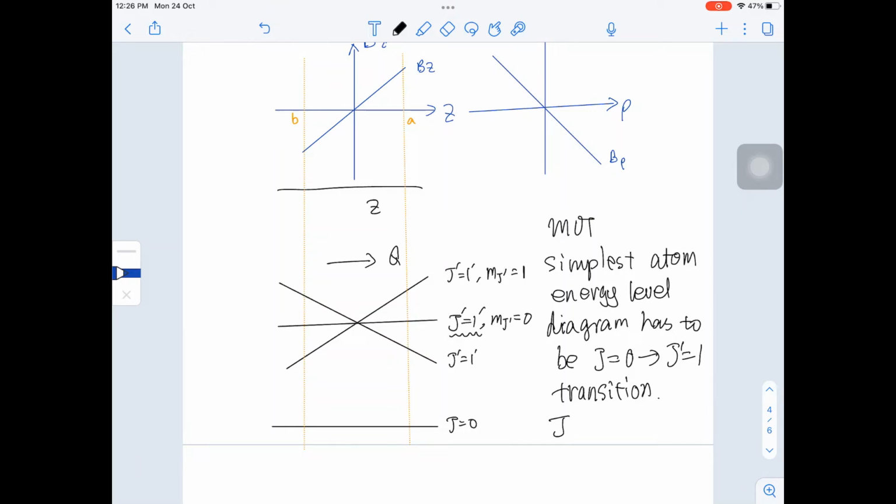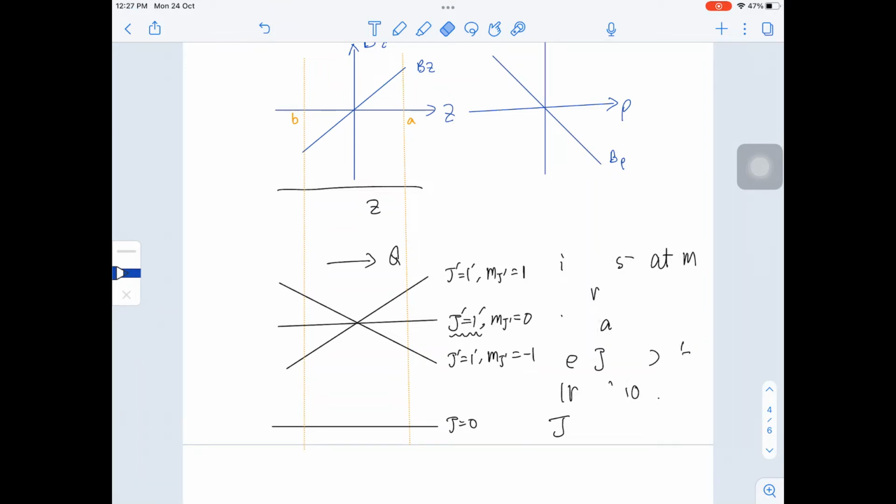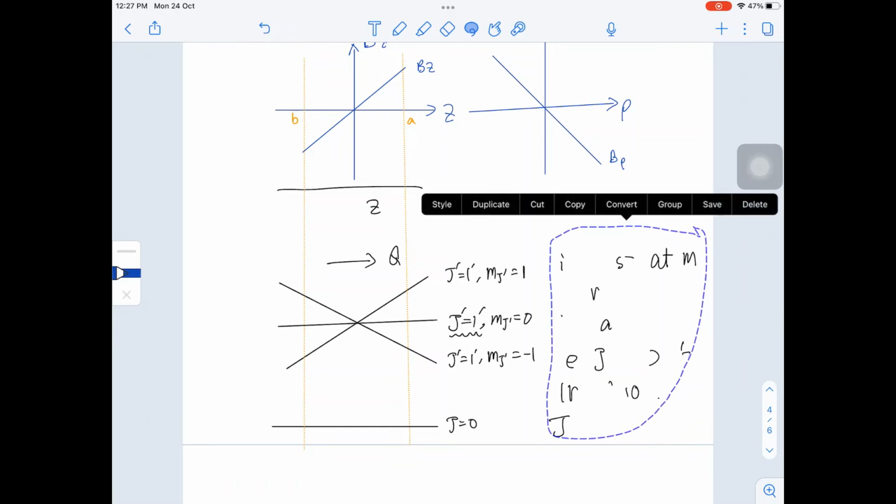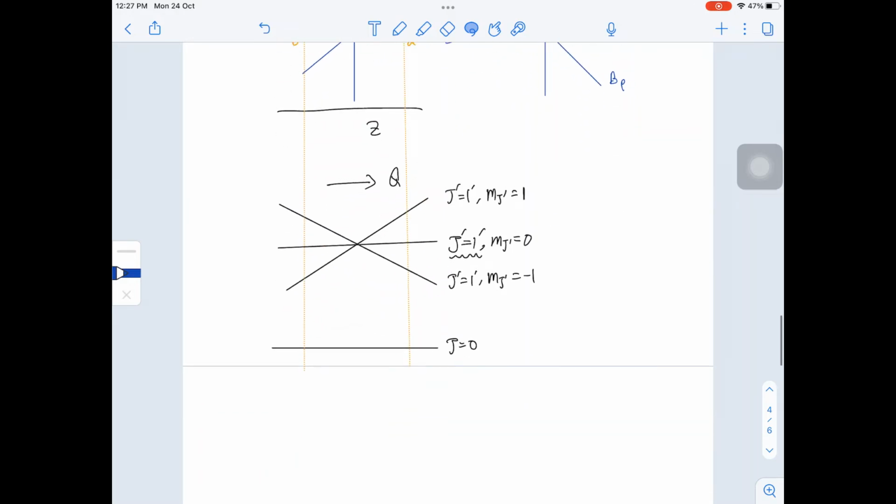And thereby this is -1. Okay, I will erase this part. Okay, this is point A, point B.